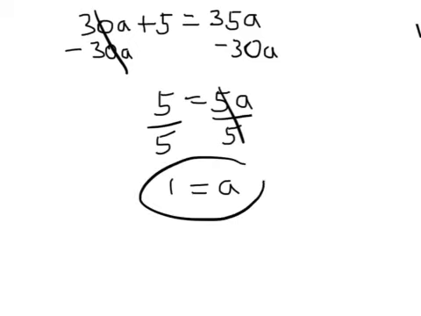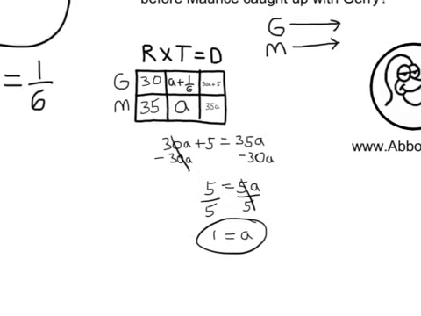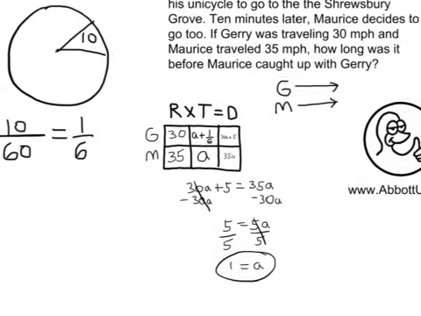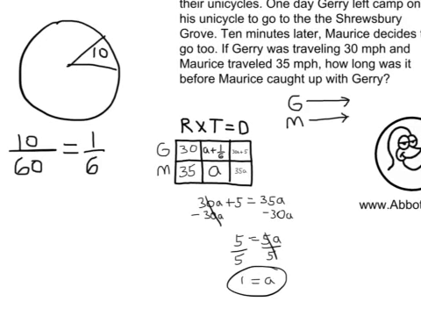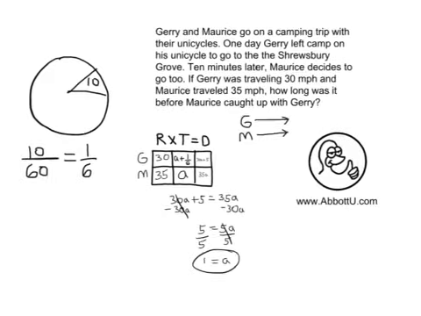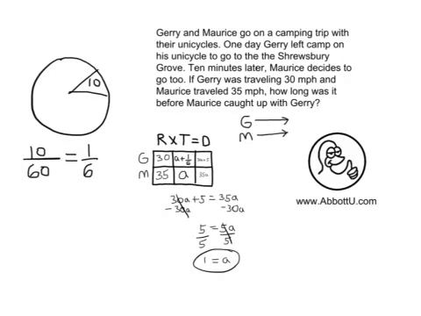What we're dealing with specifically is hours, so that means a is 1 hour. Let's return to the problem and make sure that we've actually solved it. How long was it before Maurice caught up with Jerry? Yes, very good. It would be 1 hour before Maurice catches up with Jerry.